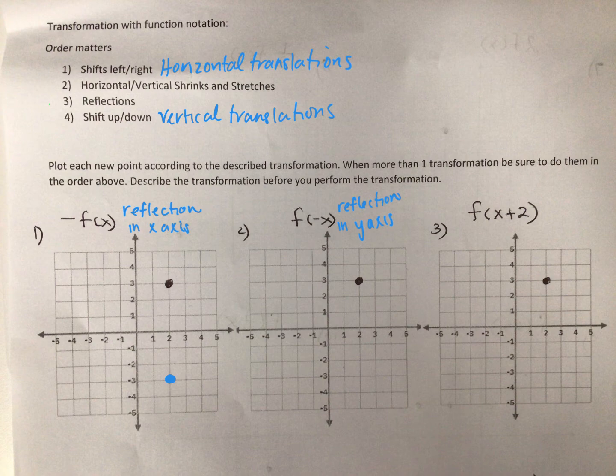So the x value is what changes sign, because the negative is on the x. So it's changing all the positive x values to negatives and all the negative x values to positive. So it's flipping it around that y-axis.